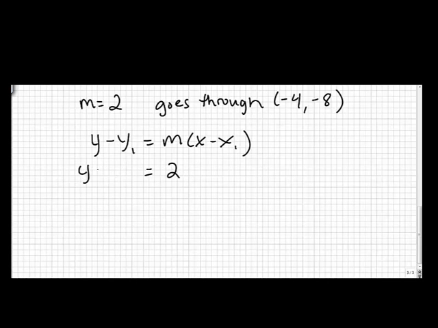So what happens is we have minus a -8, and then we have minus a -4, because this is your x point, or your x1, and this is your y1. And so minus a negative is the same thing as adding.